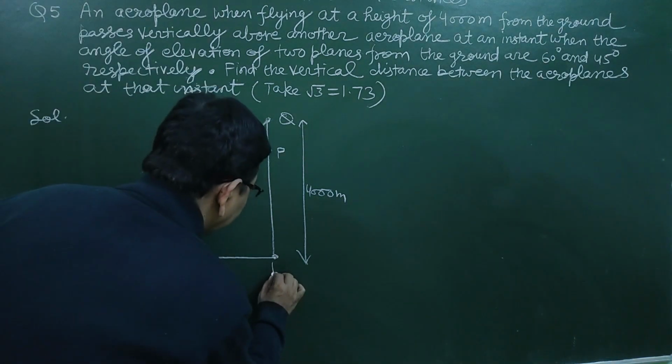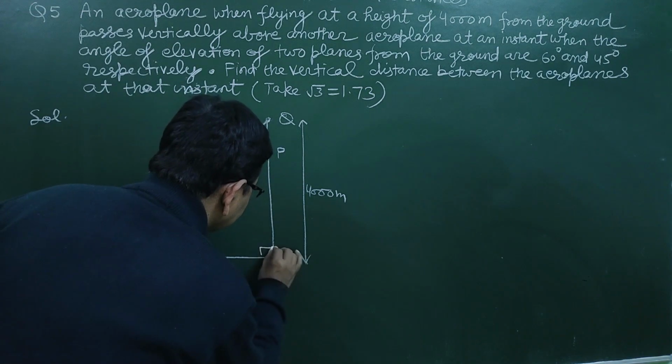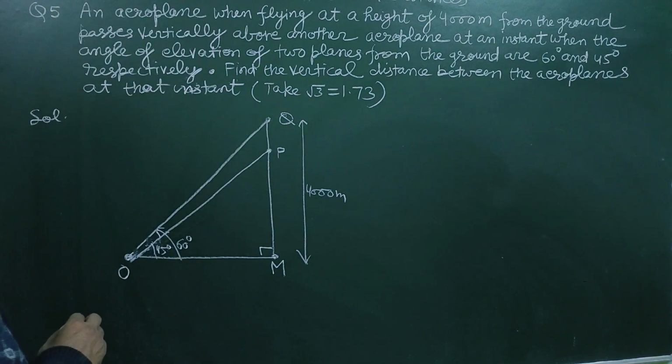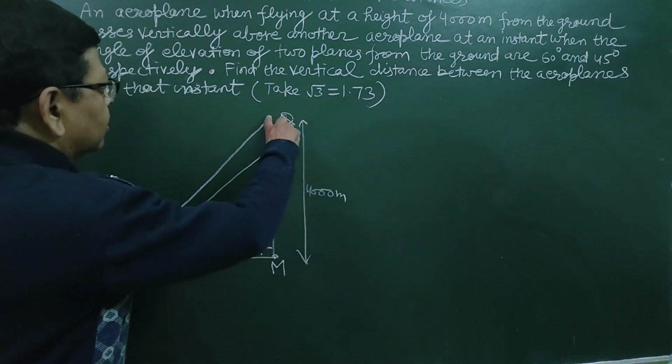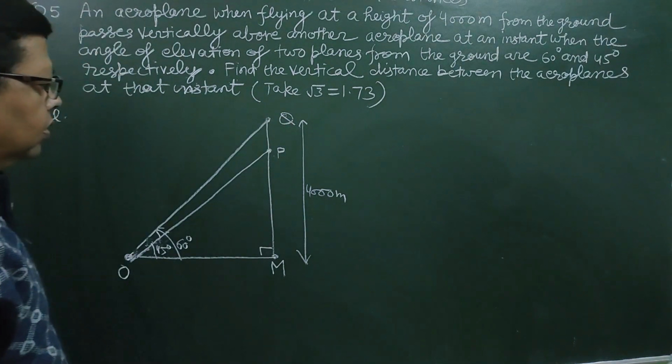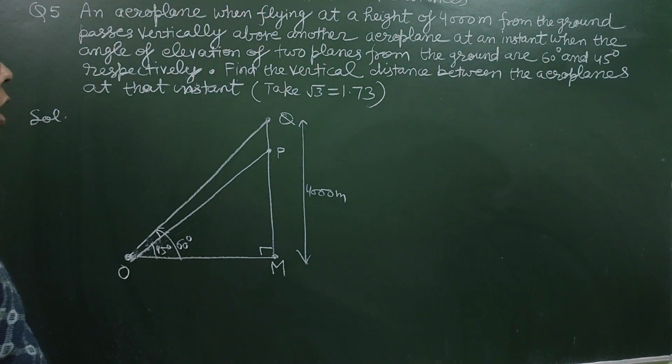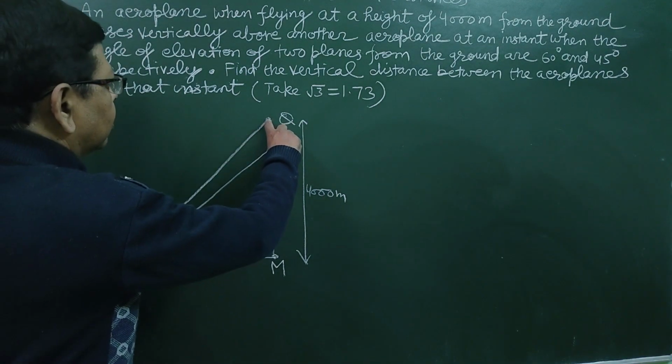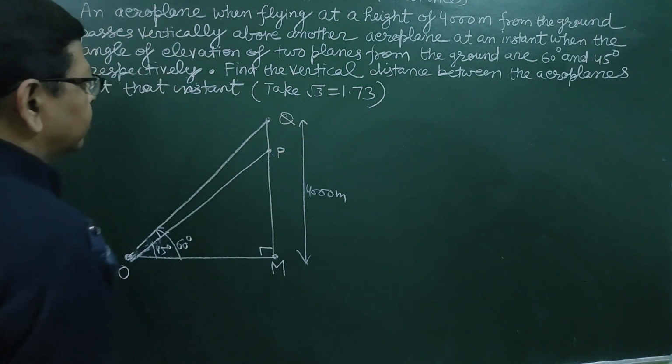Let this point be M here. Now we want to find the distance PQ, the vertical distance between the two planes.